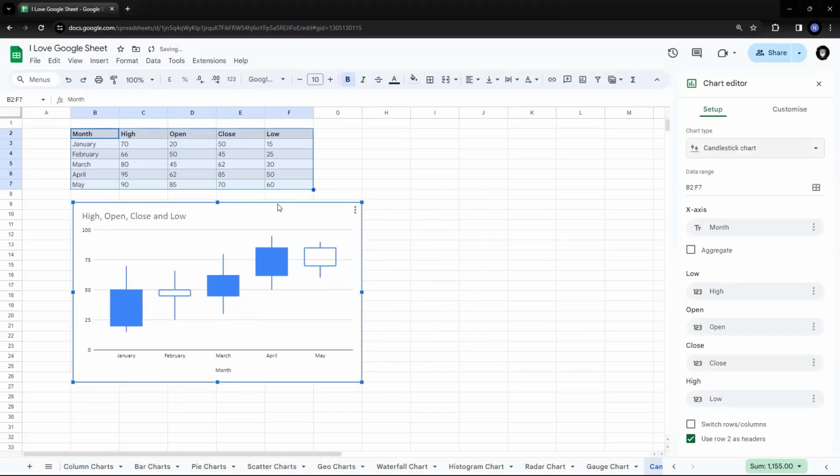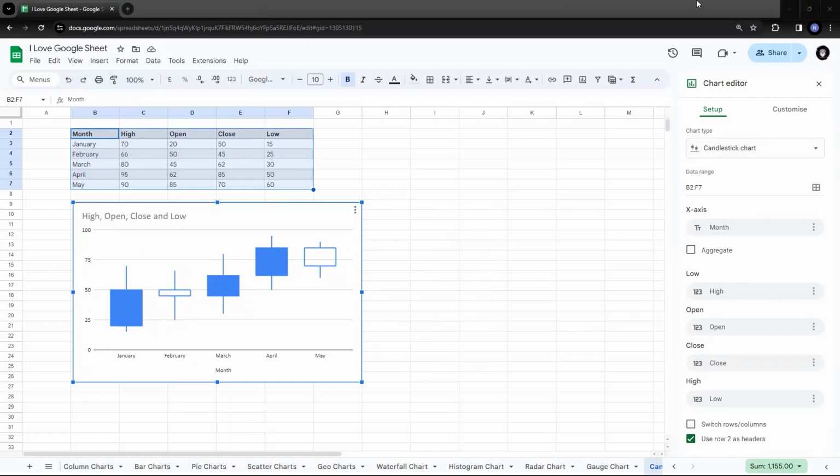Now let's try to understand what a candlestick chart is. It is also called a Japanese candlestick chart or a K-line chart. It is one of the financial charts. You must have majorly seen this chart in stock markets, where the prices are going up and down at every millisecond of time.